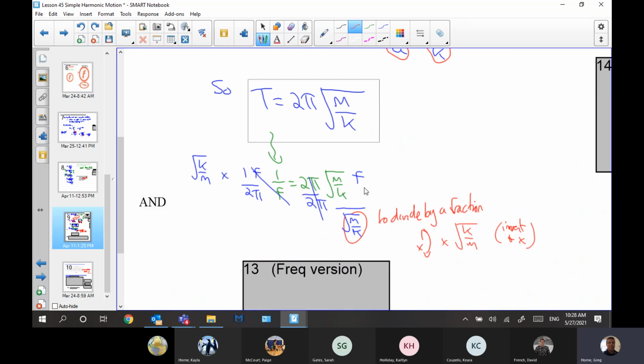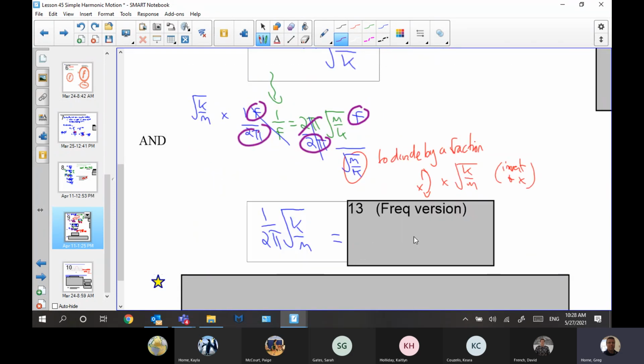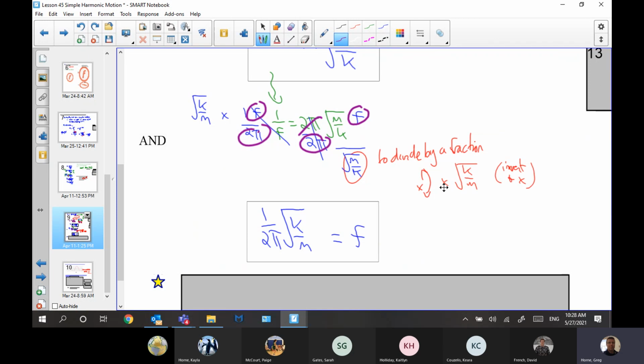If you're trying to solve for the actual frequency, you multiply both sides by f, then divide both sides by 2 pi, and then divide both sides by root of m over k, but that's when you invert and multiply. This isn't a math course, right? Sometimes I'll show that in more step-by-step detail, but they're all there at once, which makes it a little harder to follow.